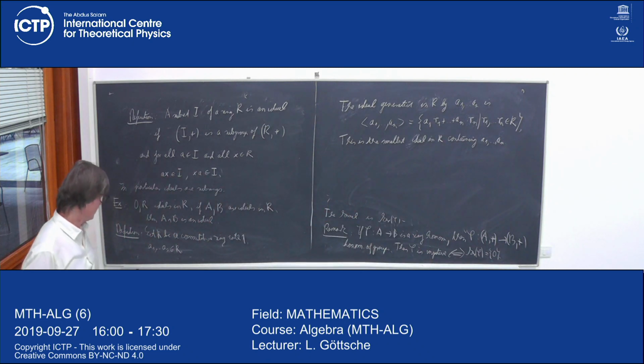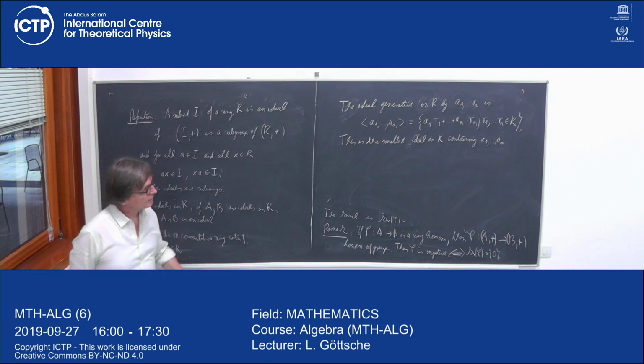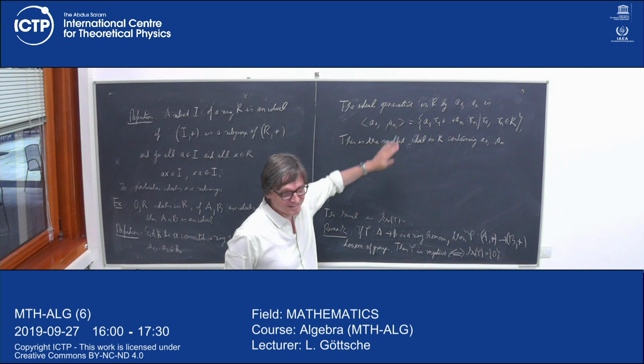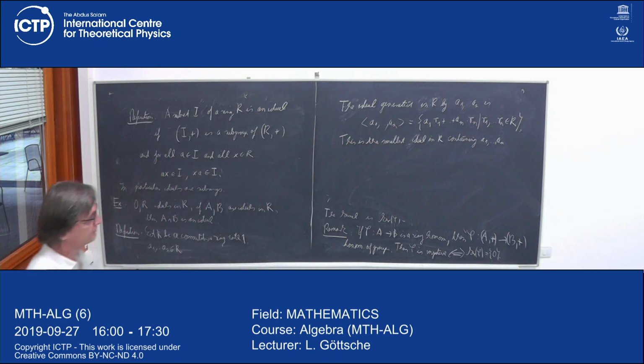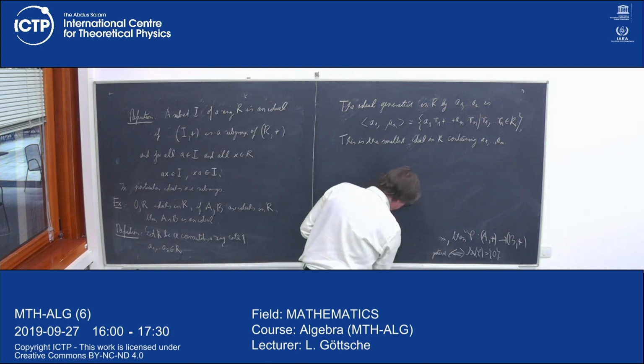And this is why I wanted to have a commutative ring with 1, because it would seem strange to me to have the ideal generated by these elements which does not actually contain the elements. But I mean, there's no real technical reason.